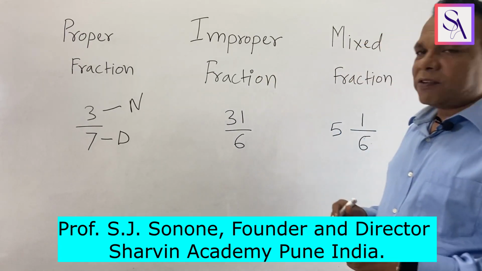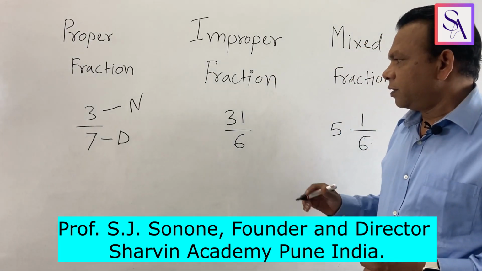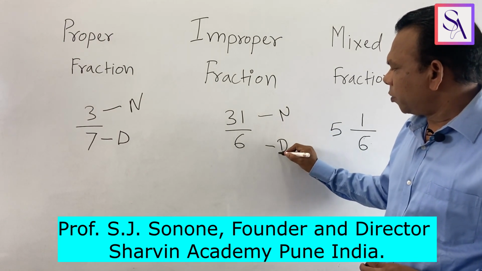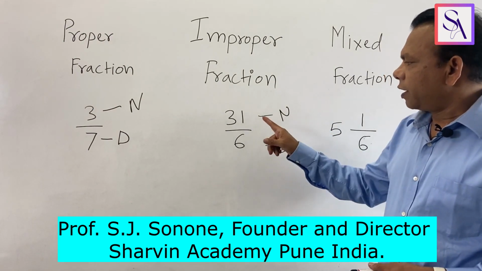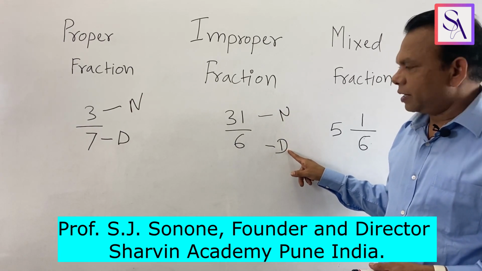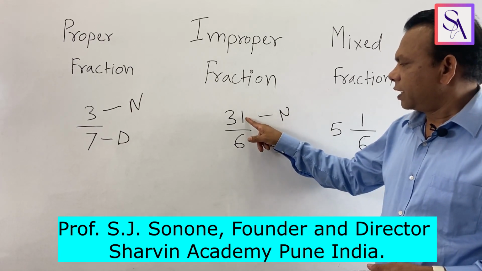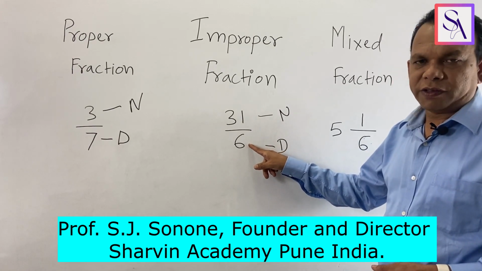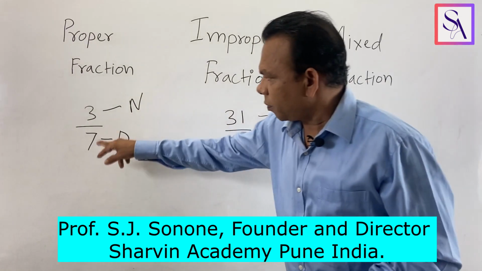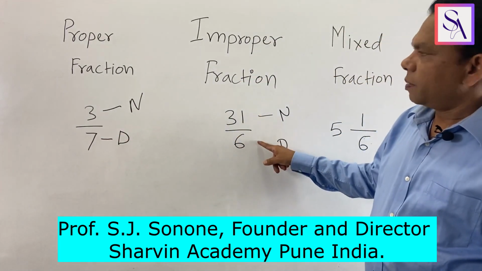Now improper fraction is the opposite of this, where numerator is greater than denominator. See, numerator is 31, denominator is 6. So this is not in a proper form. This is our proper form, right? So this is improper fraction.